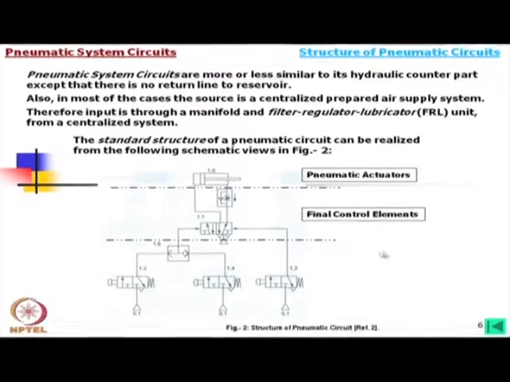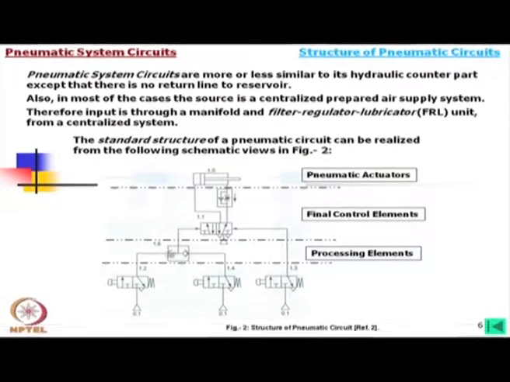Next, before entering into this actuator, we have some control units, which we should call final control elements. Now, before that there are processing elements.